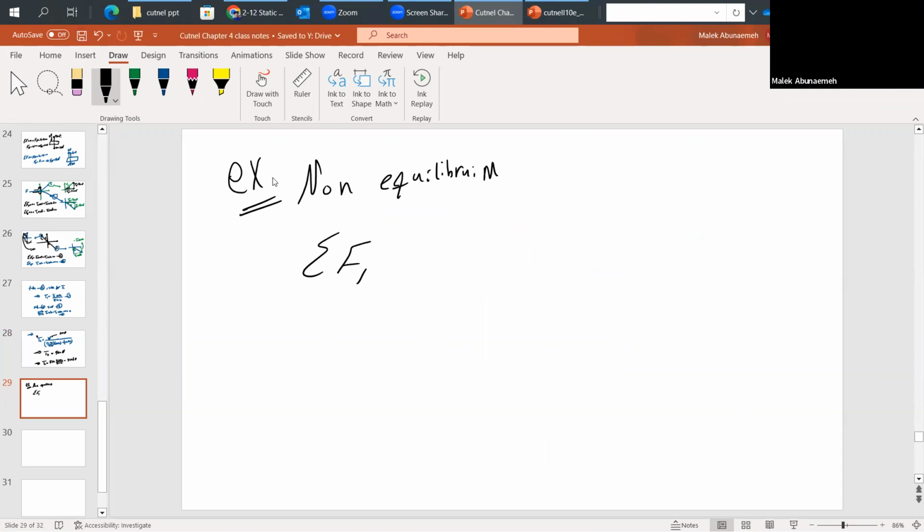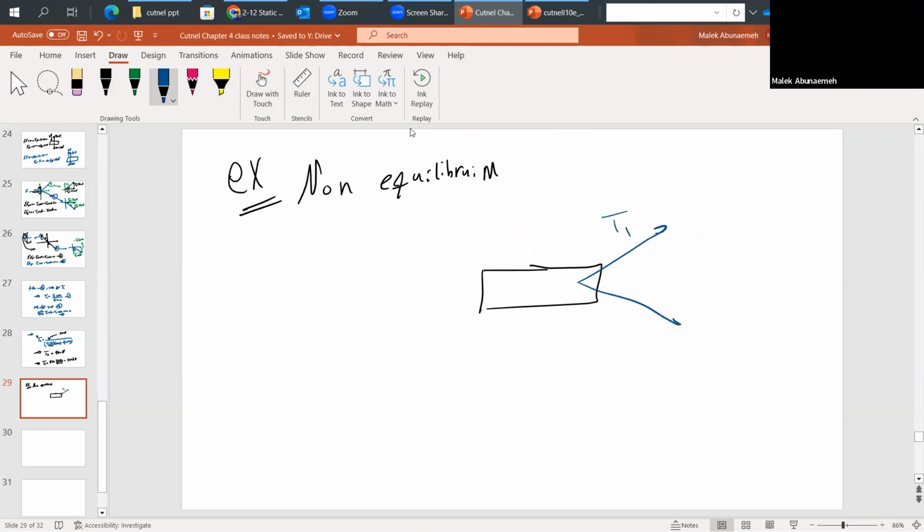So you have a tugboat that has two tensions, T1 and your T2.